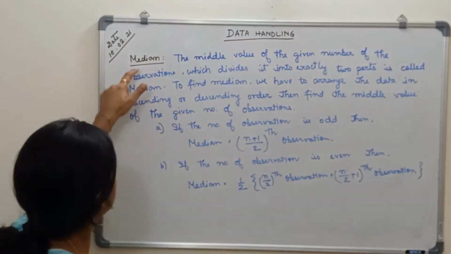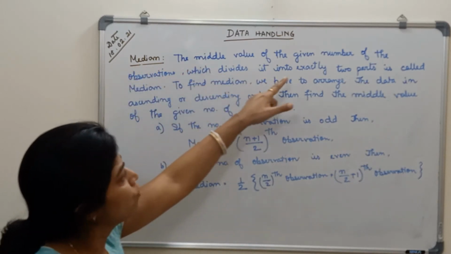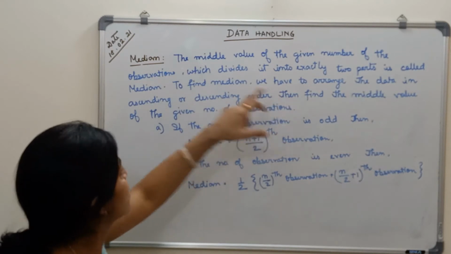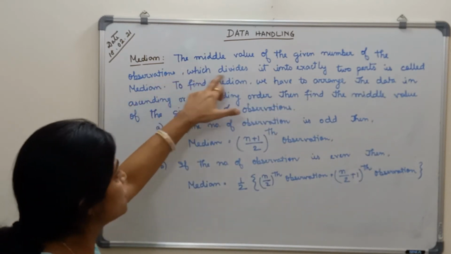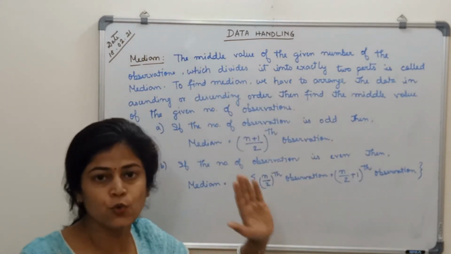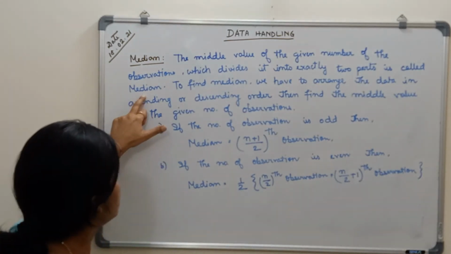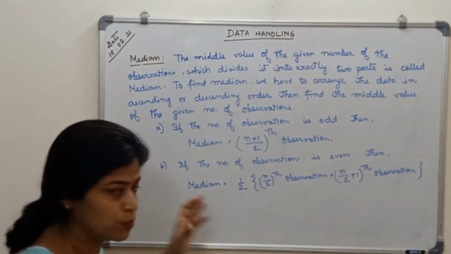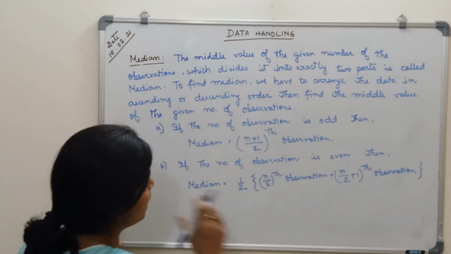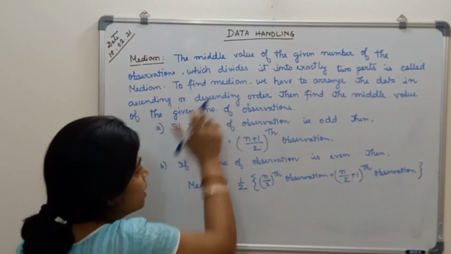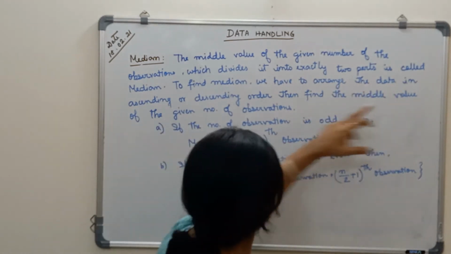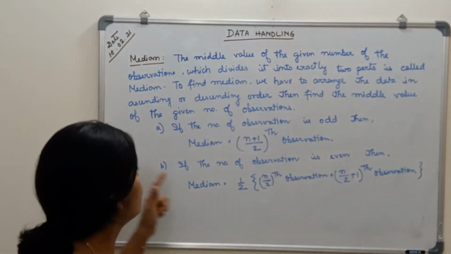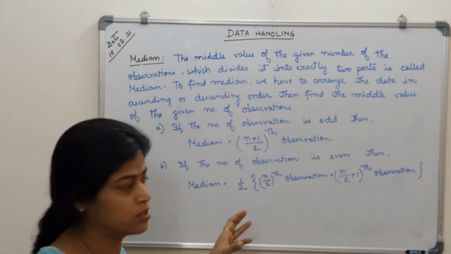Now coming to median. The middle value of the given number of observations, which divides it into exactly 2 parts, is called median. To find the median, we have to arrange the data, either in ascending or in descending order, and then find the middle value of the given number of observations.